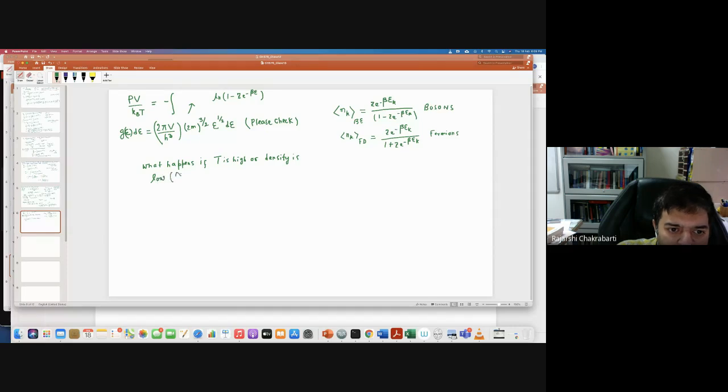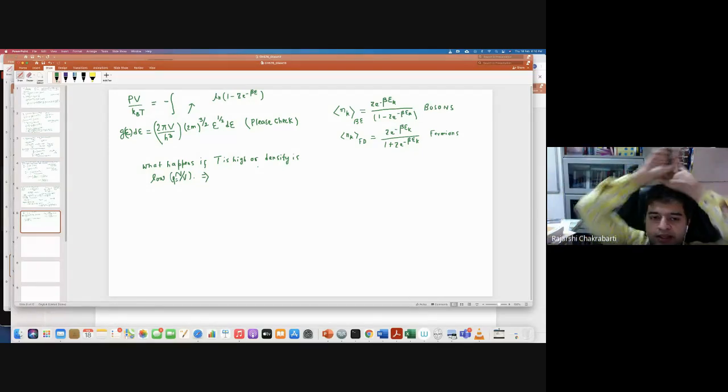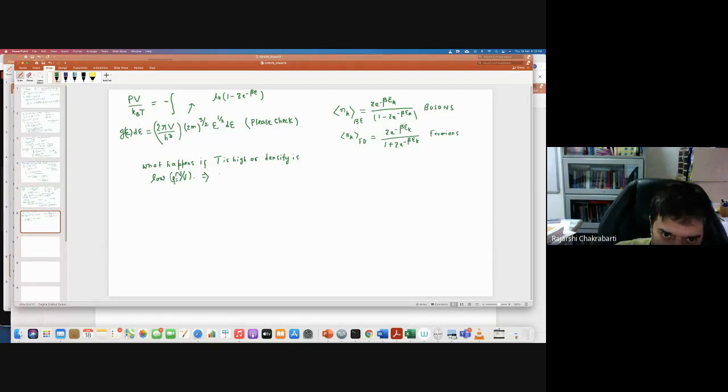Density means number of particles per unit volume. In this case, what will happen if your temperature is high or density is low? In that case, the number of available energy states is going to be much greater than number of particles.